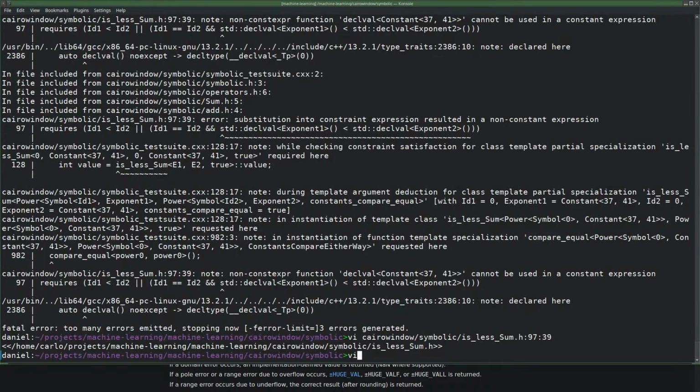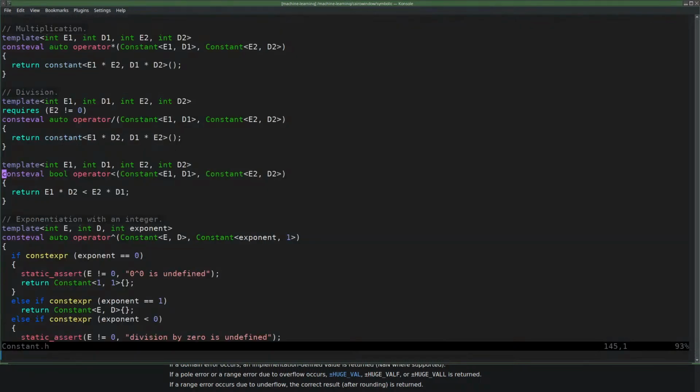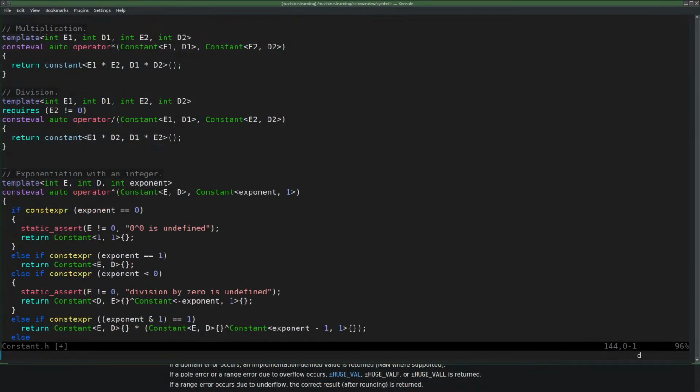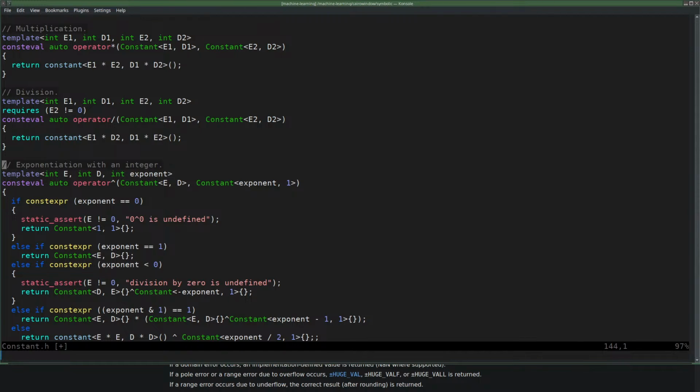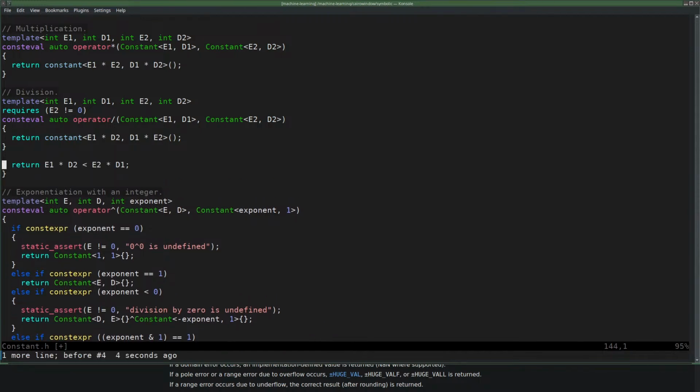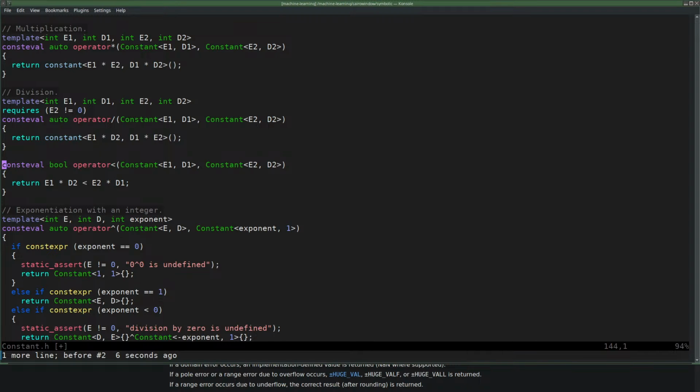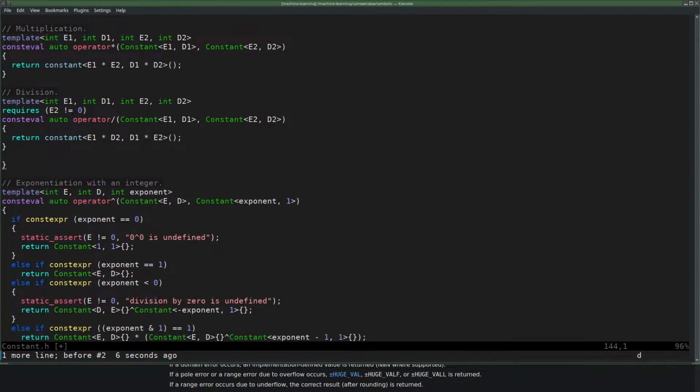I'm going to remove the operator that I added, constant.h. This doesn't seem to be needed. It does use something very specific though. I cannot search for that.